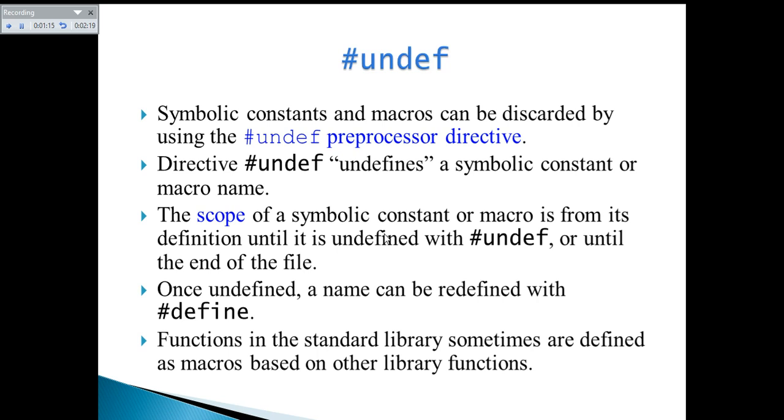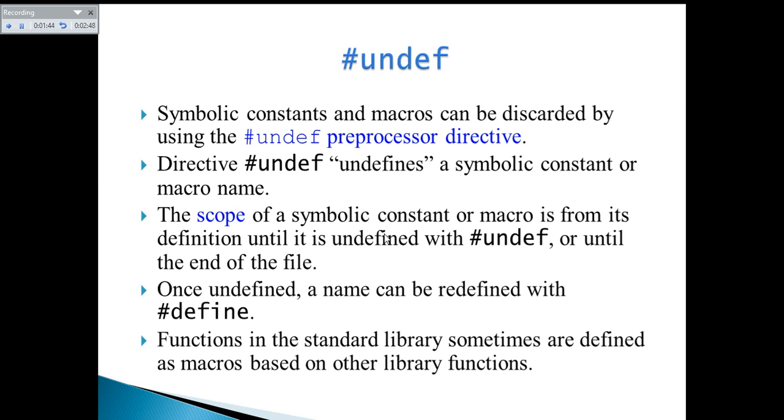First of all, let's understand the scope of a symbolic constant or a macro that is defined using hash define. The scope is from its definition until it is undefined with hash undef or until the end of the file is reached.